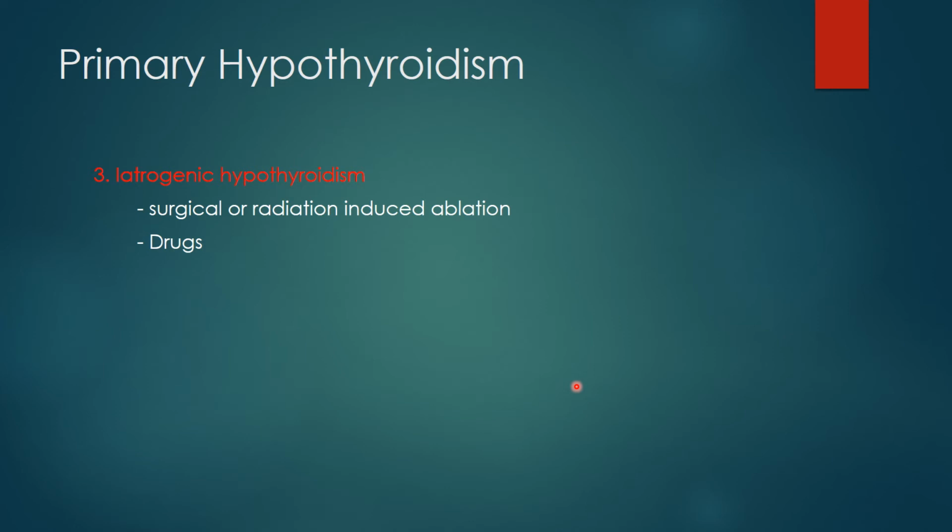When there is no genuine cause associated with the thyroid, one is surgical or radiation induced ablation, the other is drugs. So these are basically indirect causes which result in decreased production of thyroid hormone.